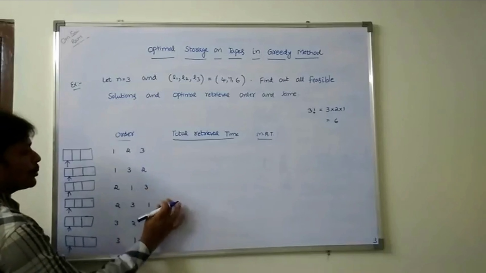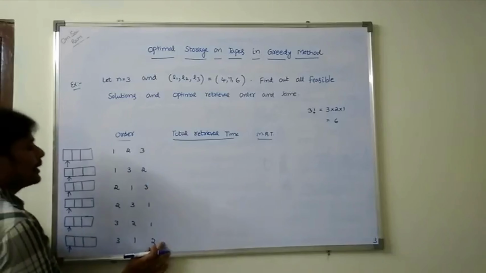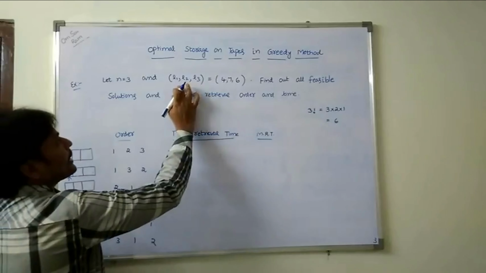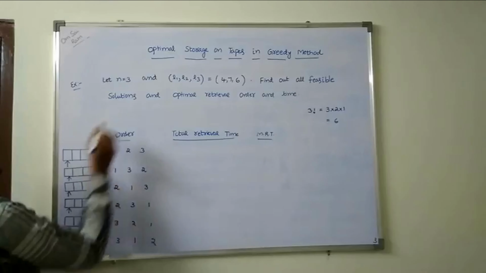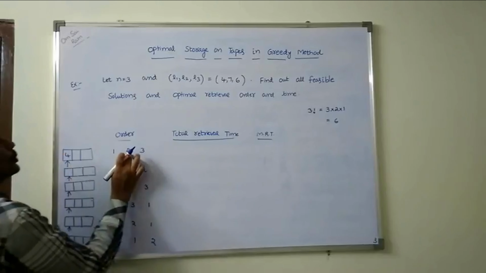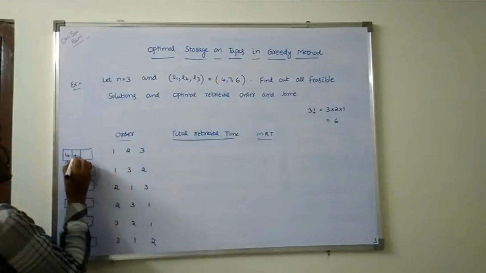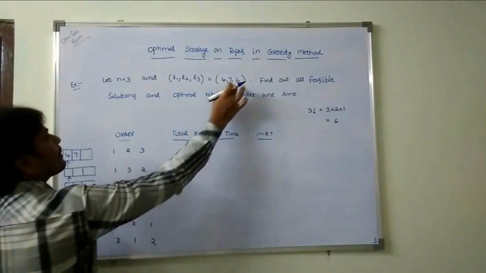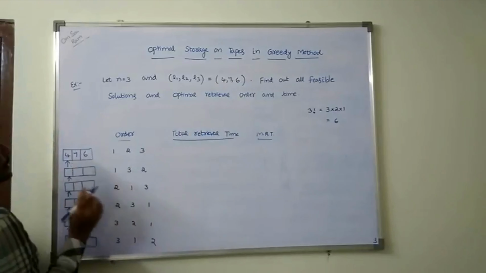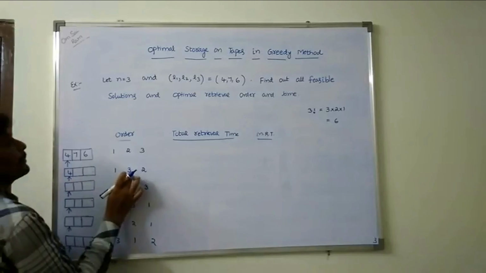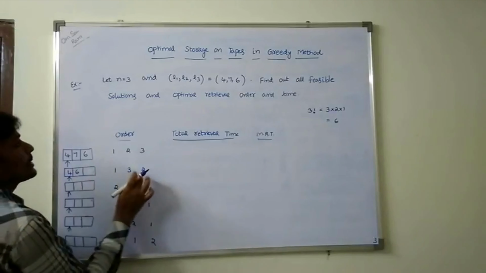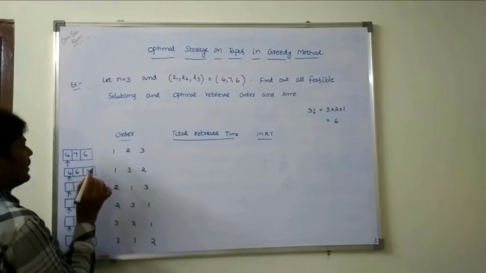According to these possible orders, we can arrange the corresponding program lengths. The first program is 4, the second program is 7, the third program is 6. Next, 4, 6, 7.